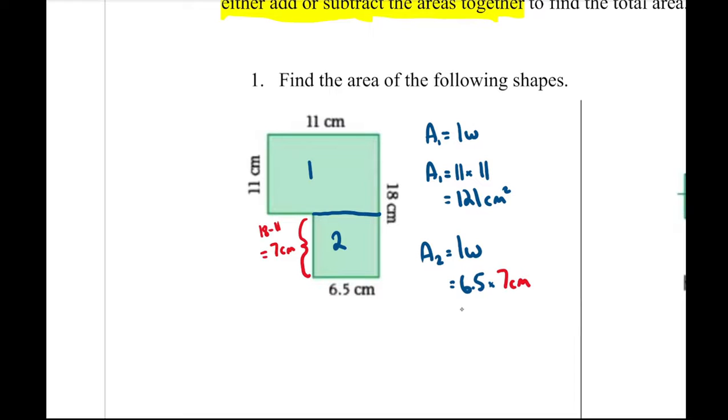So the area will be 6.5 times 7, which gives me 45.5 centimeters squared.